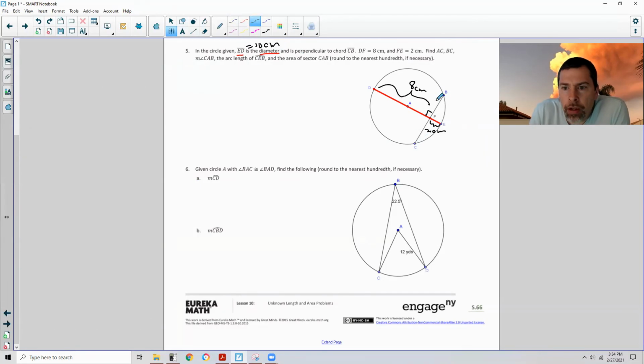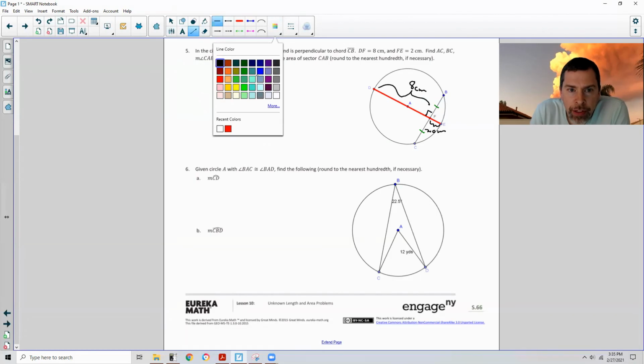Okay, well, if we have a diameter that intercepts a chord at a 90-degree angle, then it bisects the chord. So BF is equal to CF. AB is a radius. So let's draw these all up.